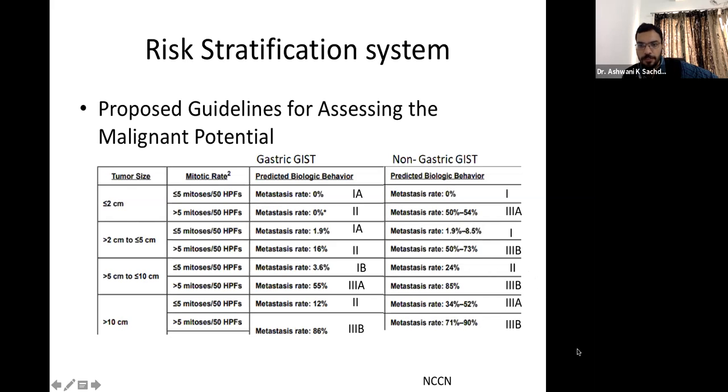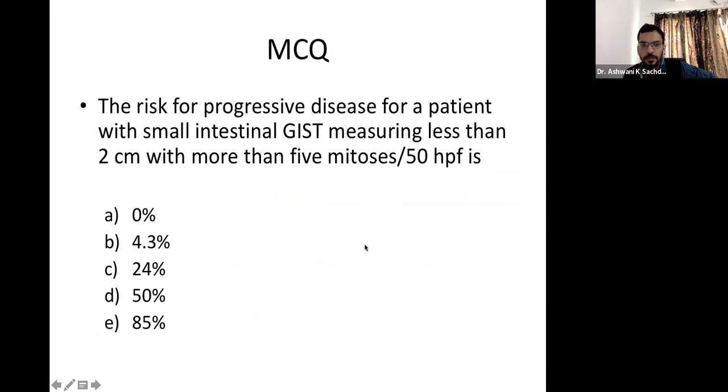Okay. If the size increases to more than 2, less than 5, it becomes around 70%. In less than 10 centimeter tumor, it is about 85%, and more than 10 centimeter is very high, about 90%. So answer to the question is 50%.